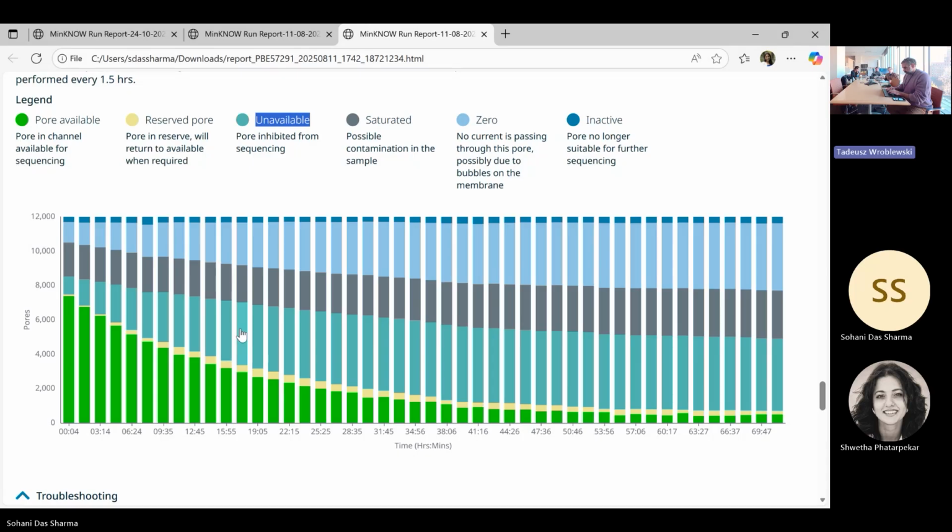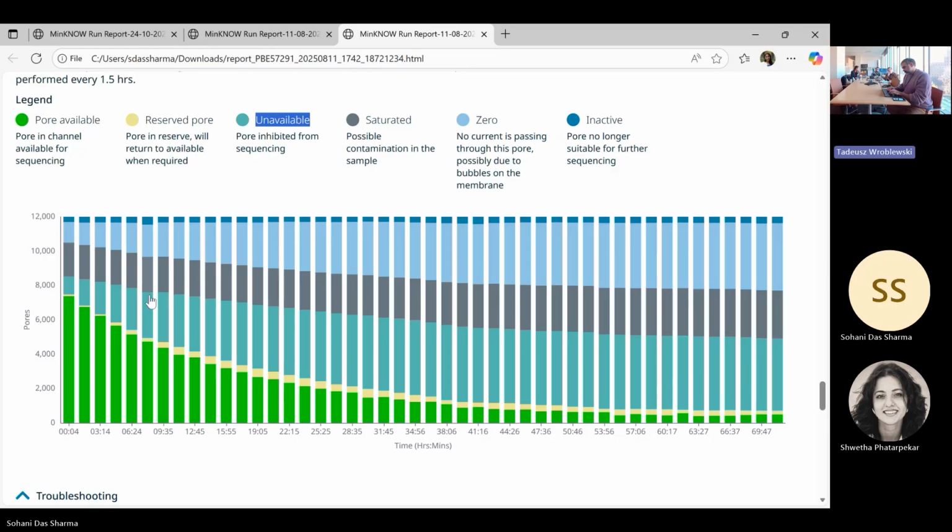I think it is the unavailable one. Unavailable is the most common non-functional pore classification, and it means something is preventing the sequencing. It is this color.